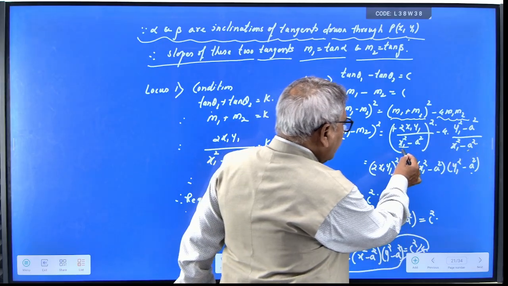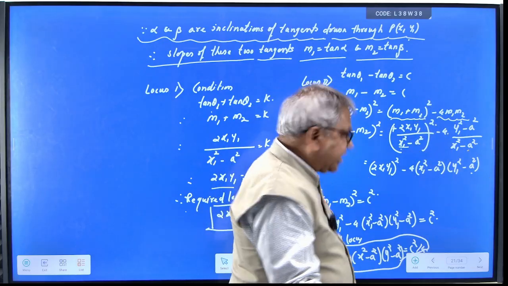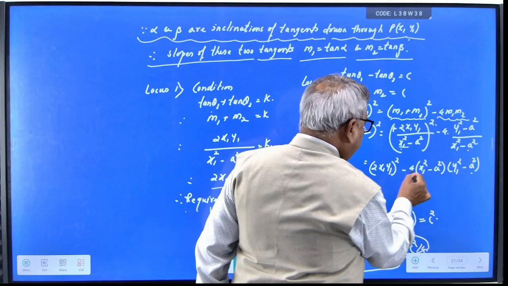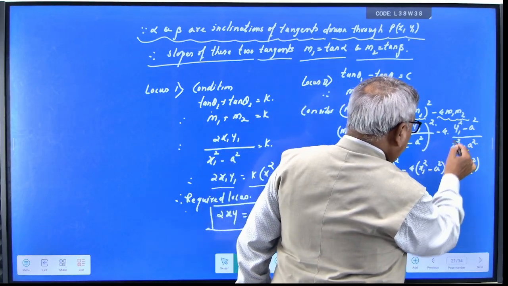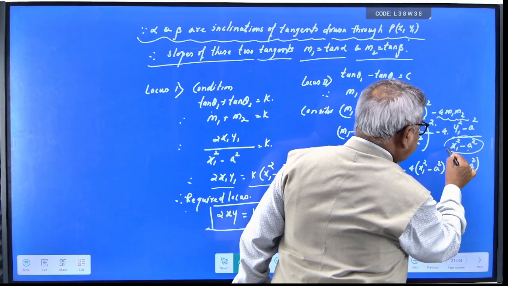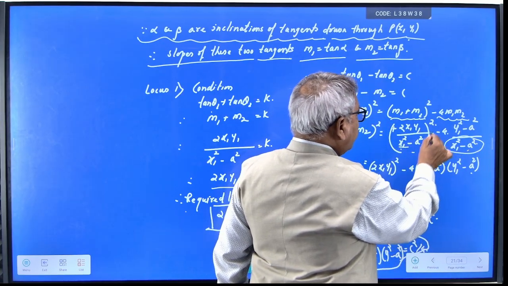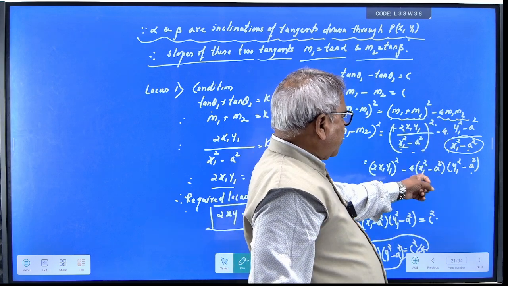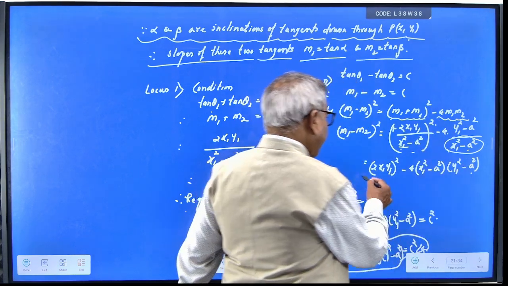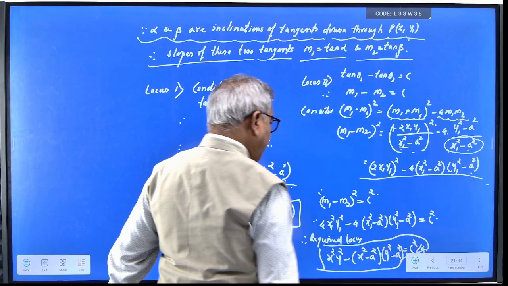Simplify. (x1² − a²)² is the LCM. So 4x1²y1² − 4(y1² − a²)(x1² − a²), because there is only one (x1² − a²), so (x1² − a²)² is the LCM, and therefore this is (m1 − m2)².